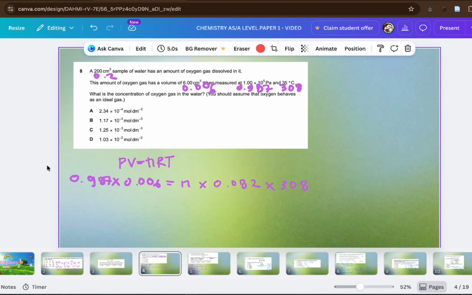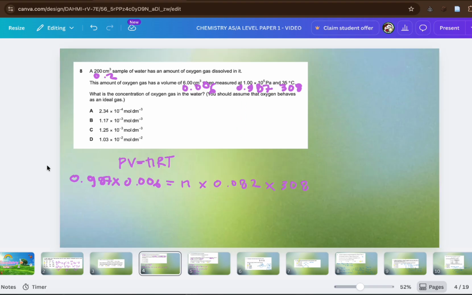Alrighty. Now, let's try to multiply all of these. So 0.987 multiplied by 0.006, over 0.082 multiplied by 308.